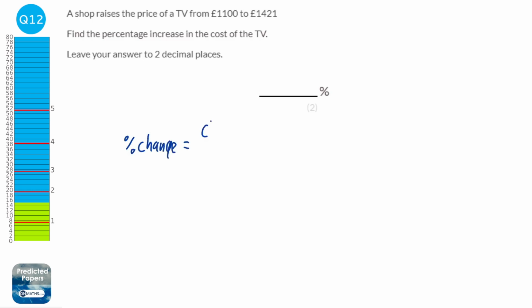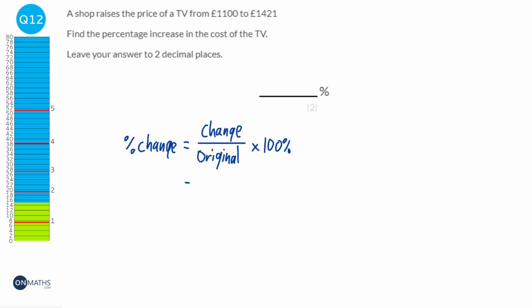And it is the change over the original amount times 100%. So to find out the change here, we're going to do the difference between 1,421 and 1,100.